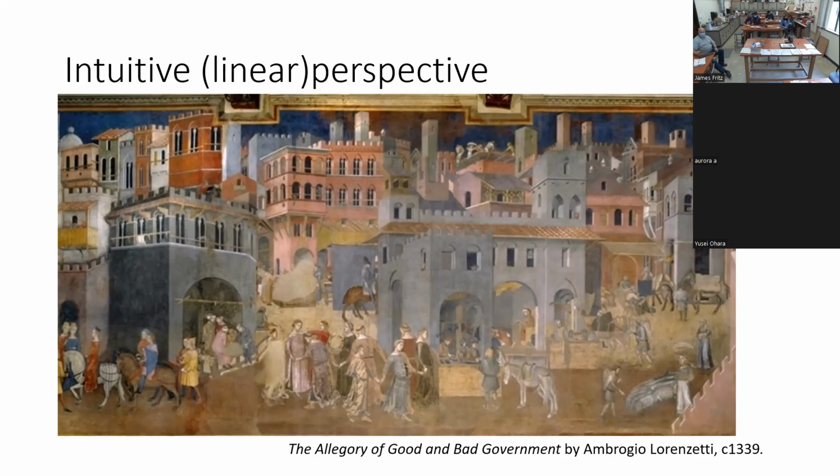linear perspective. And so here we've got a view of a city, the Allegory of Good and Bad Government by Ambrogio Lorenzetti. It's a fresco painting on a wall. And we can see all of the buildings. We can see the front facade of a building that is parallel to us and parallel to the picture plane. And we can see the sides of buildings moving away from us, and they are angled away from us.